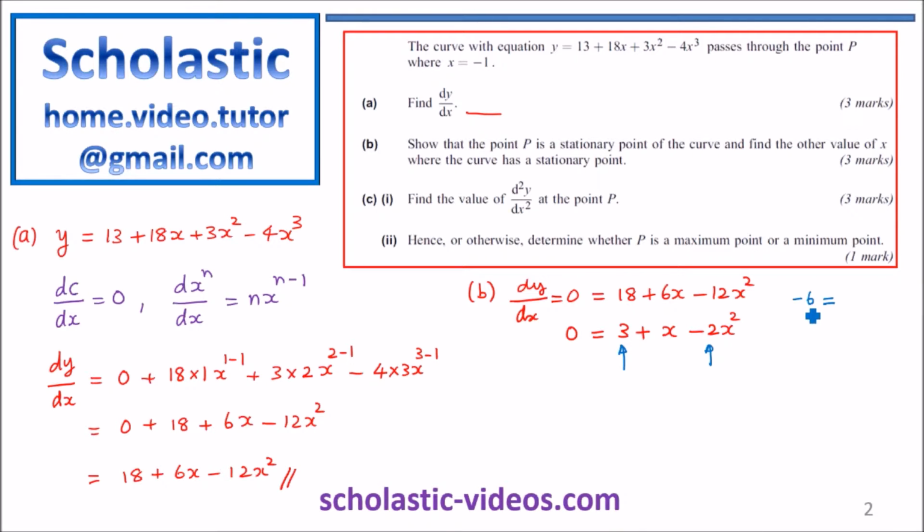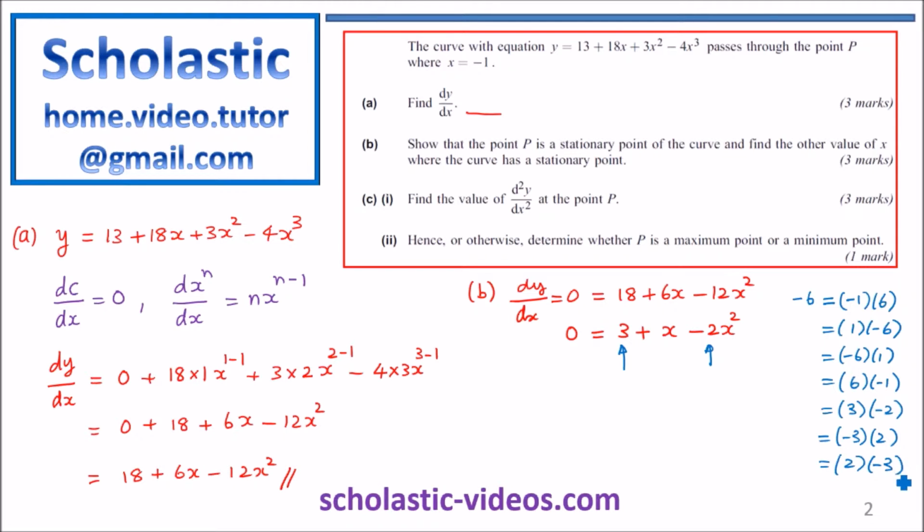Minus 6 can be minus 1 times 6, 1 times minus 6, minus 6 times 1, 6 times minus 1, 3 times minus 2, minus 3 times 2, 2 times minus 3, or minus 2 times 3. These are the possible factors of minus 6.